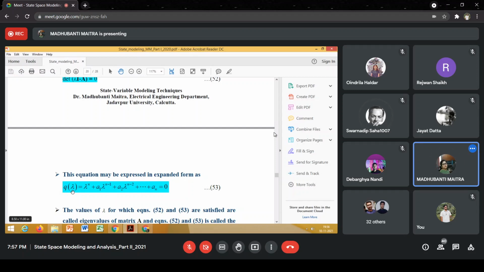Yes, ma'am. So now this can be represented as some polynomial which is a function of lambda and is equal to lambda to the power n plus a1 lambda to the power n minus 1 plus a2 lambda to the power n minus 2 plus dot dot dot an, and the right hand side is equal to 0. So we are equating this polynomial to 0, right?